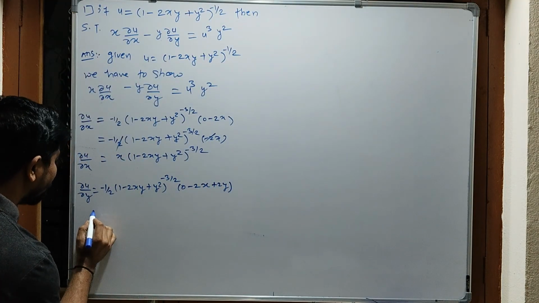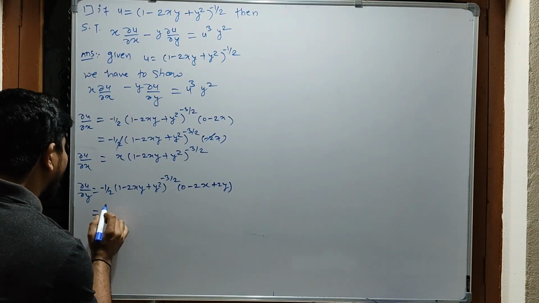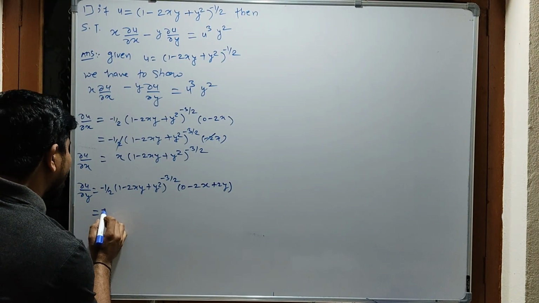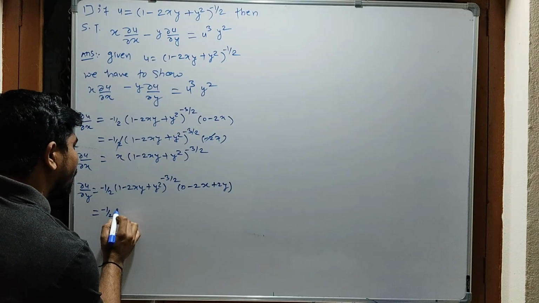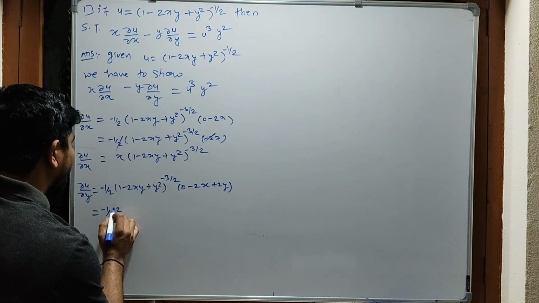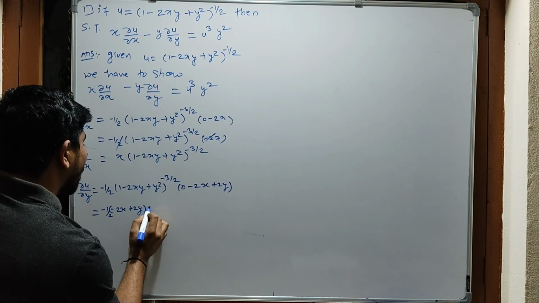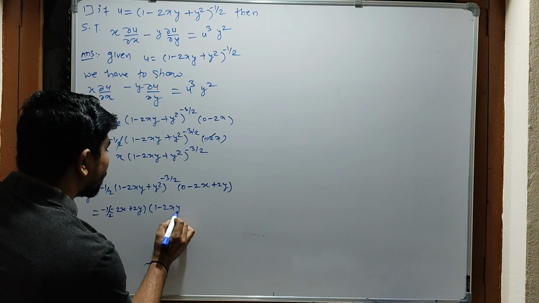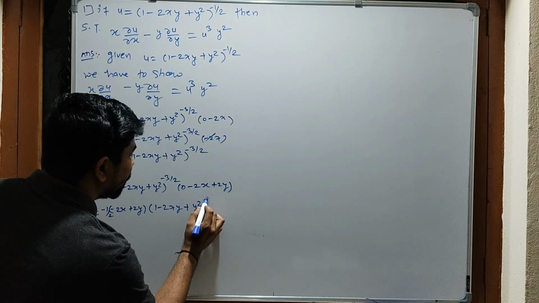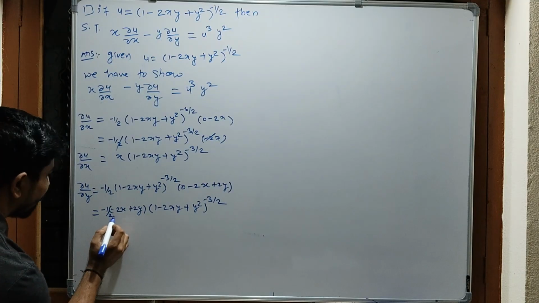So this is equal to minus 1 by 2 times, I will take this 2 common, minus 2x plus 2y, times (1 minus 2xy plus y square) to the power minus 3 by 2.